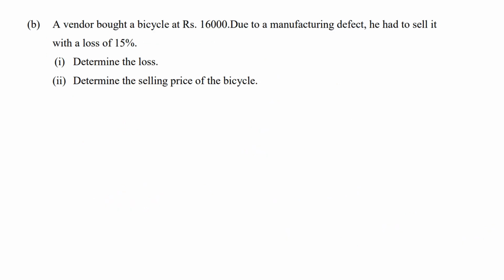He bought a bicycle at 16,000, and due to a manufacturing defect he had to sell it with a loss of 15%. Determine the loss. I think you understand this. He bought this at 16,000 and because of the manufacturing defect, he had to sell it at a price less than the buying price. That's why he incurs a loss.